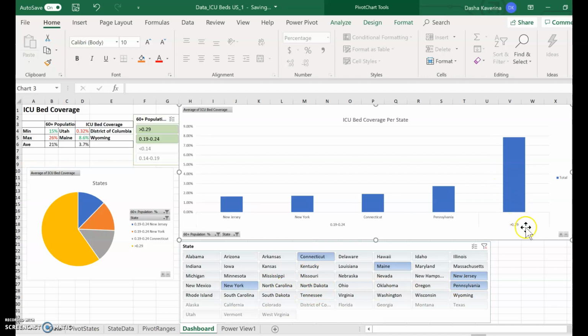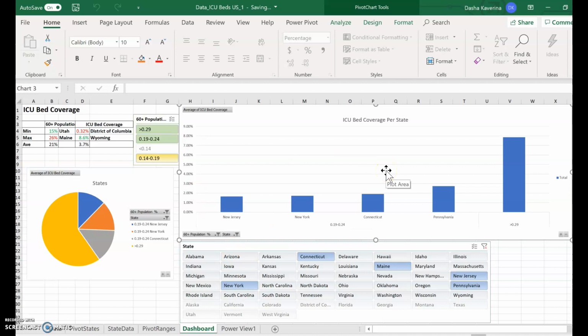Right, so we see that Maine has the most people 60 and over, but it also has very high ICU bed coverage, while New York, New Jersey, Connecticut, Pennsylvania are on a much lower side.